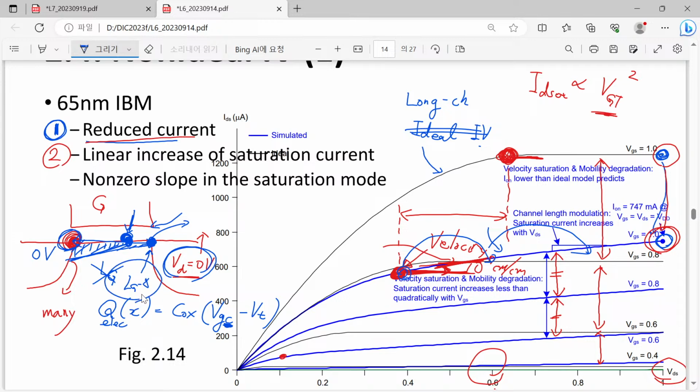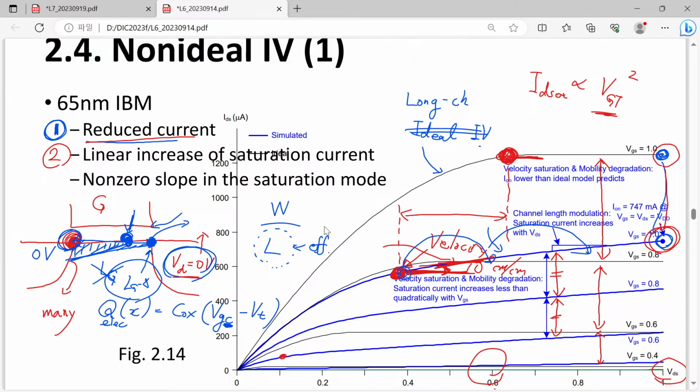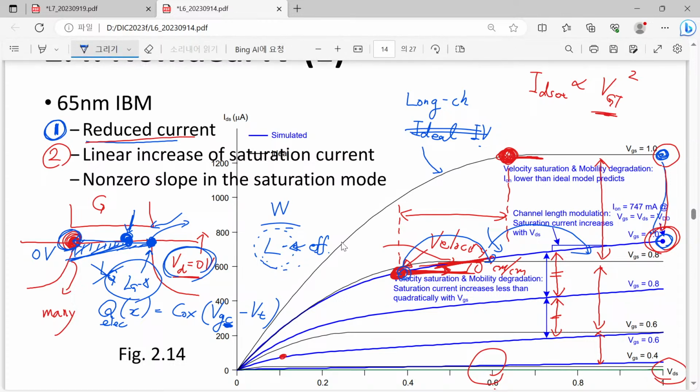Okay, so are you with me? Then our drain current is proportional to the W over L ratio, and this L is not the drawn channel length, but should be regarded as the effective channel length, the actual physical electron or hole channel underneath the gate region. Since this channel length is reduced, the overall current is increasing.